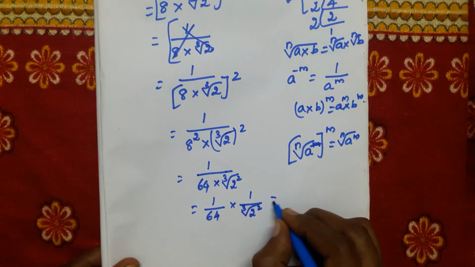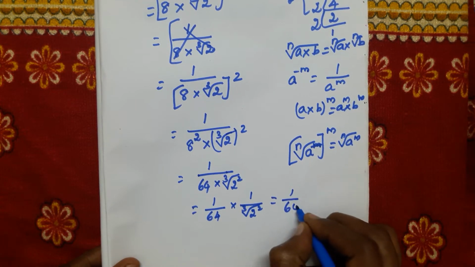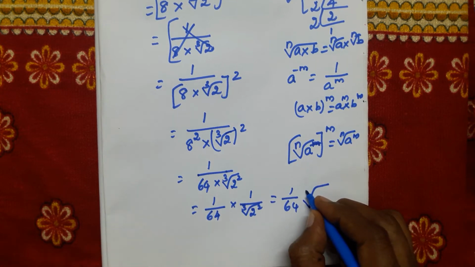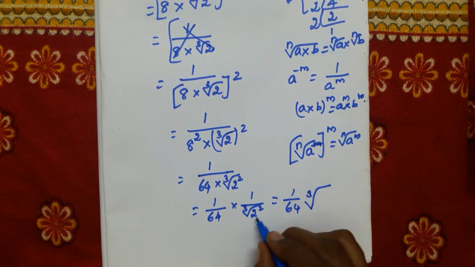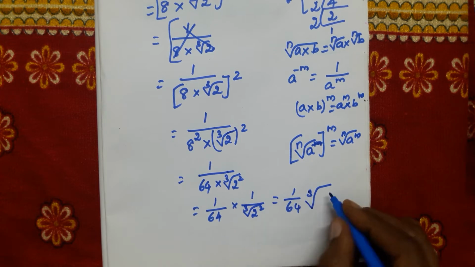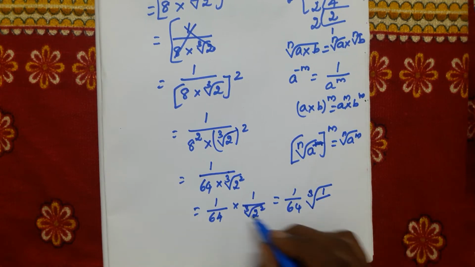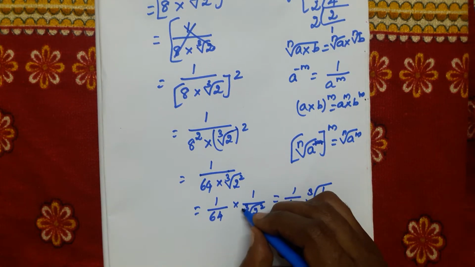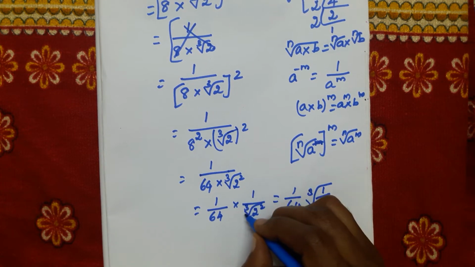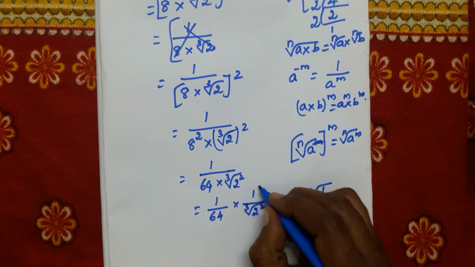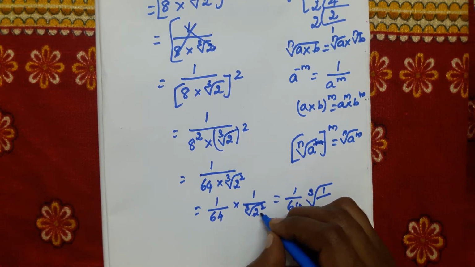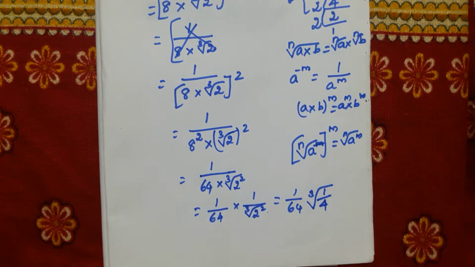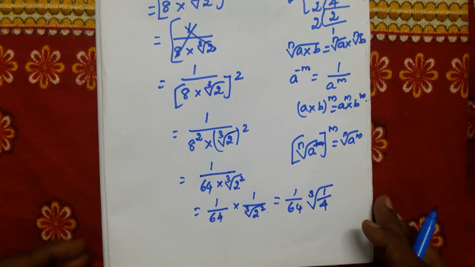It's equal to 1 by 64 into cube root of 1 by 4. 2 square means 4. Here cube root of 1 means 1 only. So we can write cube root of 1 by cube root of 2 square is equal to cube root of 1 by 2 square. 2 square is equal to 4.